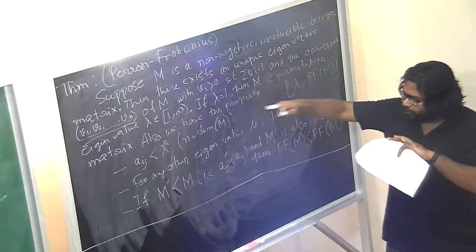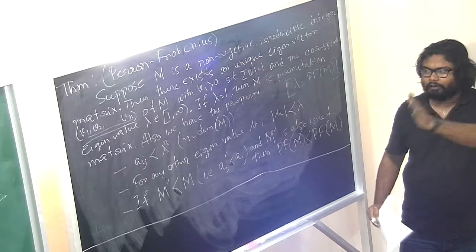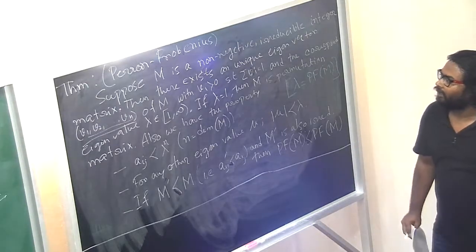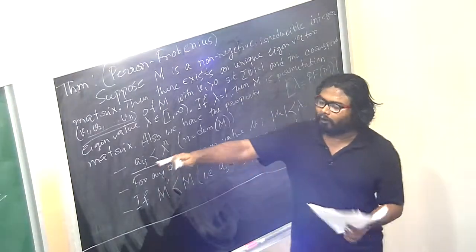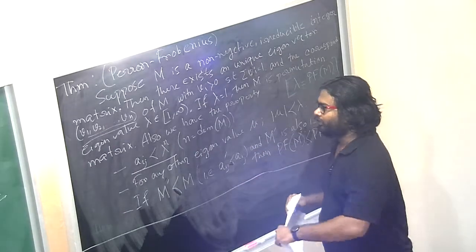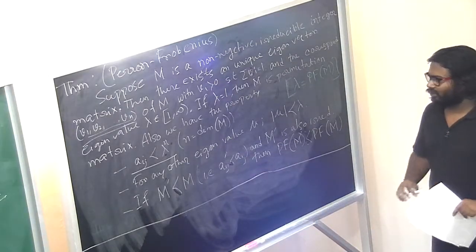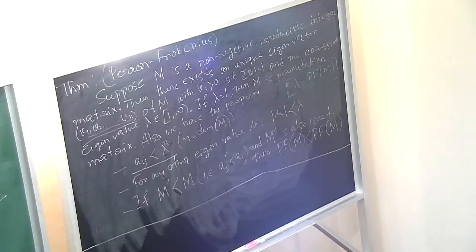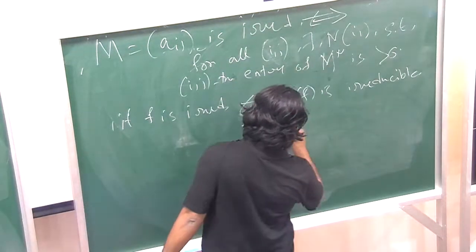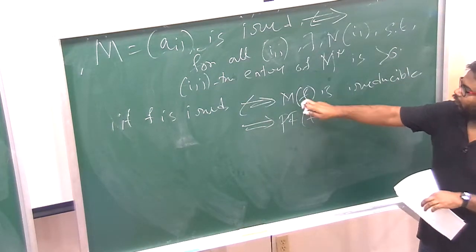Moreover, the corresponding eigenvalue is between 1 and infinity, always greater than or equal to 1, and it satisfies another important property: all the entries of the matrix are less than or equal to lambda to the n, where n is the degree of the matrix. That's the important property we are going to use. So for every irreducible f, I can assign a real number, which is the PF eigenvalue of M(f).